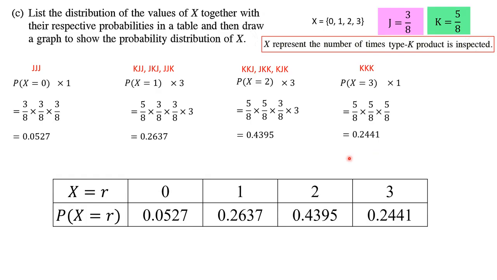To check the answer, we can find the sum of these probabilities. The total should be equal to 1 or very close to 1, because the total for the probability is equal to 1.